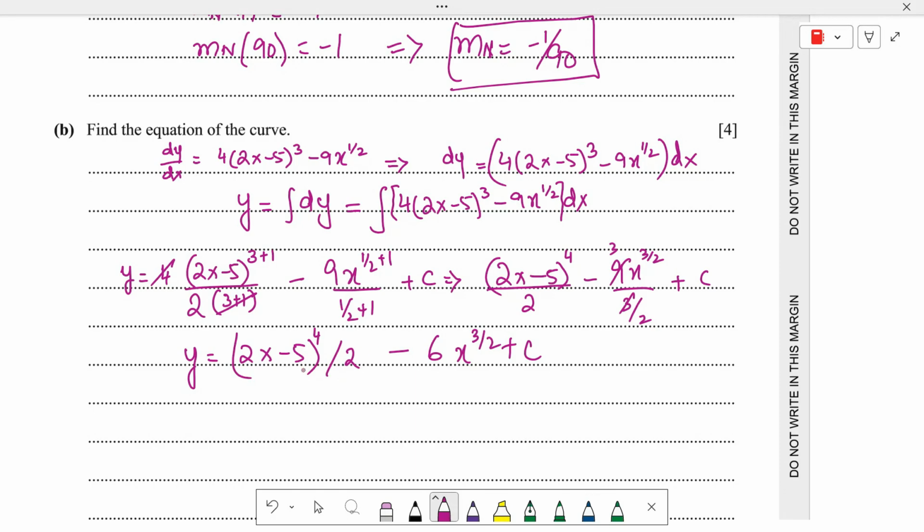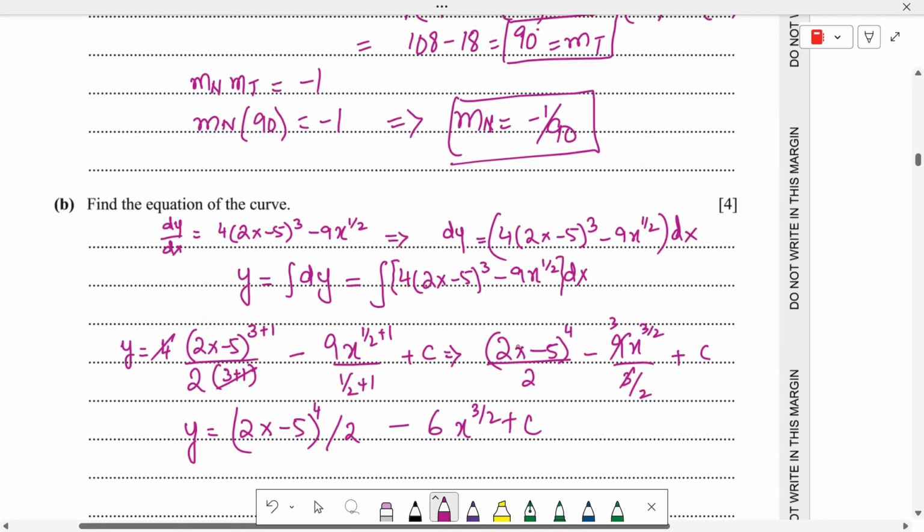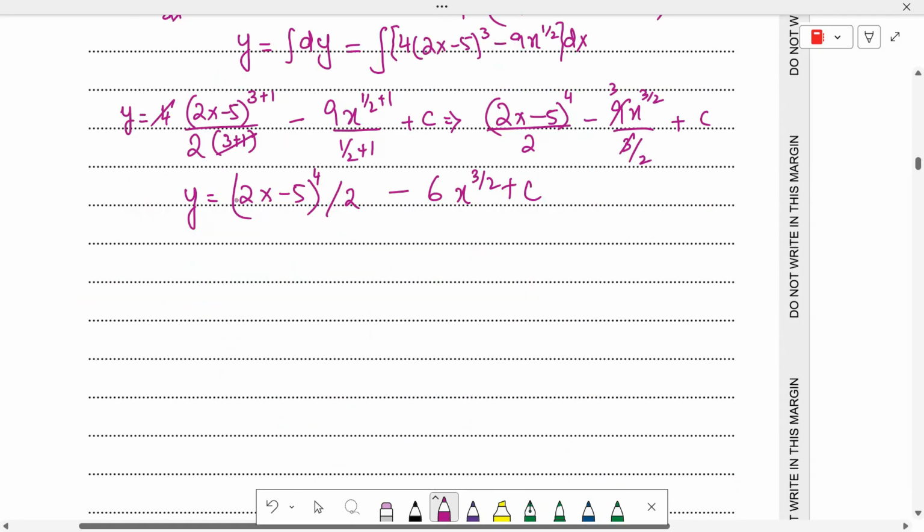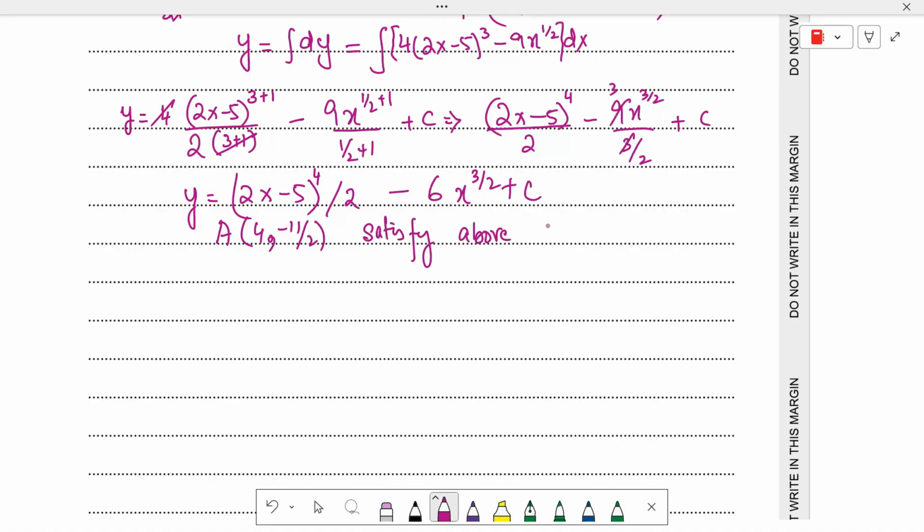Okay, we have calculated the equation of the curve, but there is an unknown c. To calculate the unknown c, we will use the point A, because this point satisfies the given equation. The point (4, negative 11 over 2) satisfies the above equation.